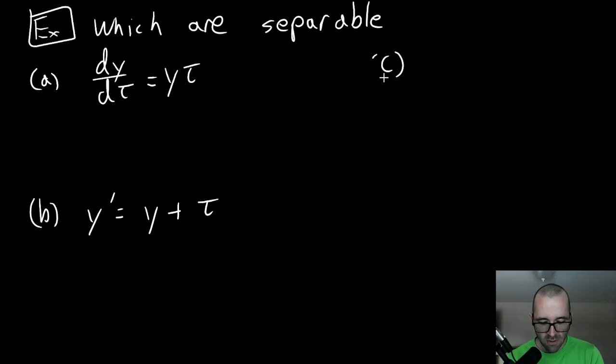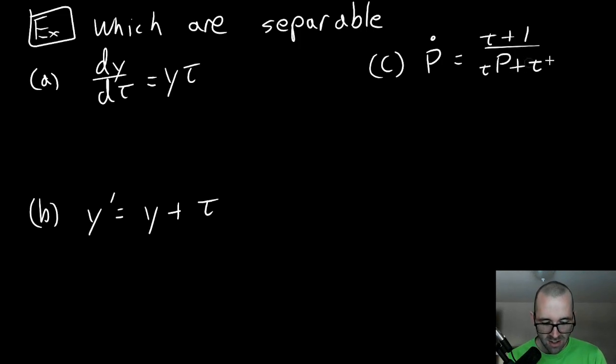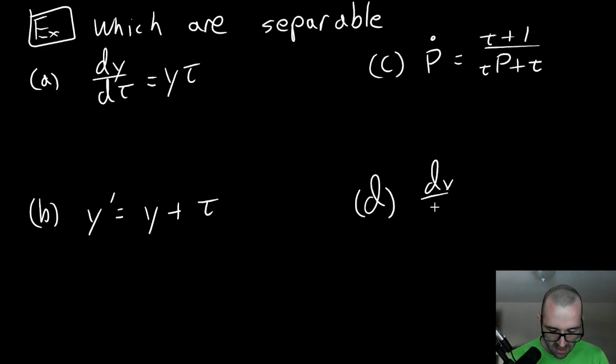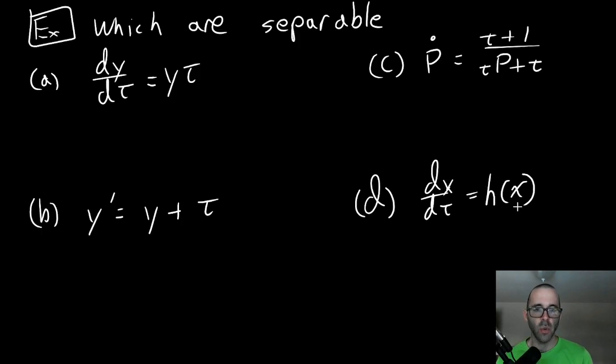And remember, we can write differential equations with different notation. p dot, remember we use the dots if the derivative is with respect to time, equals (t plus 1) over tp, plus t. And finally, the last thing I want you to look at is dx/dt equals some function of x. I haven't told you what this function of x is. So pause the video right now, decide which of these are separable, which are not.